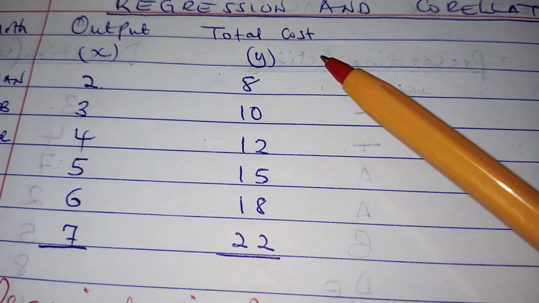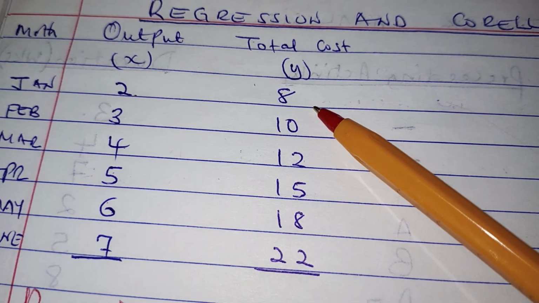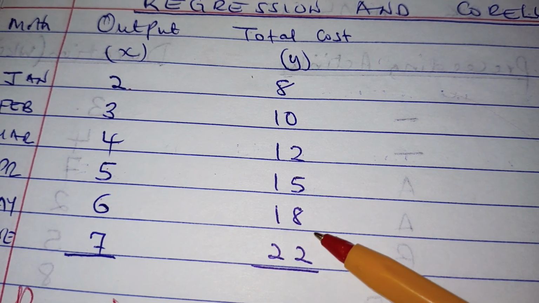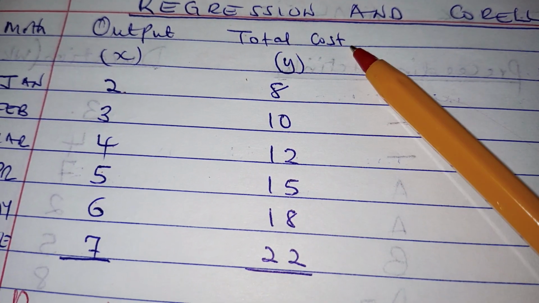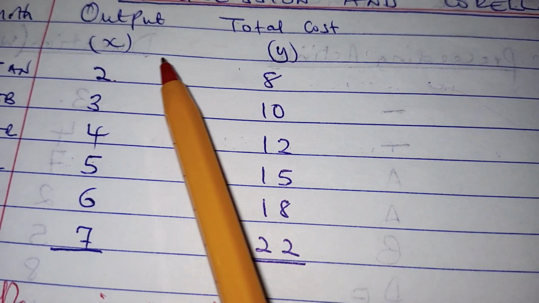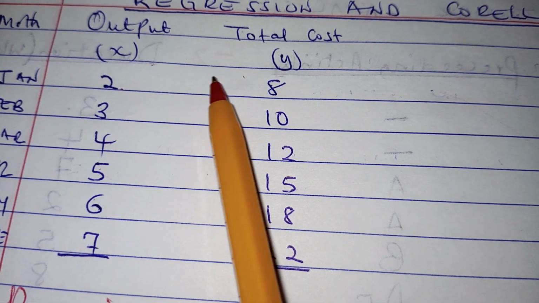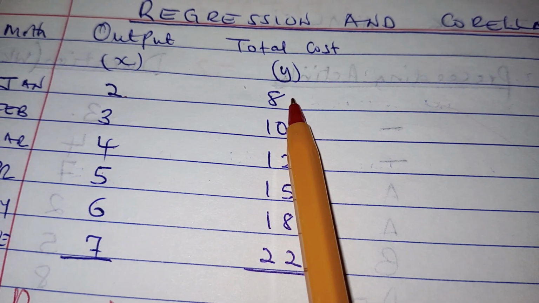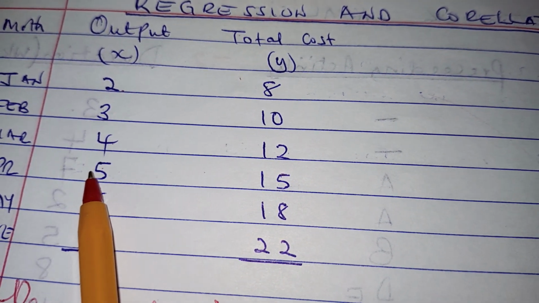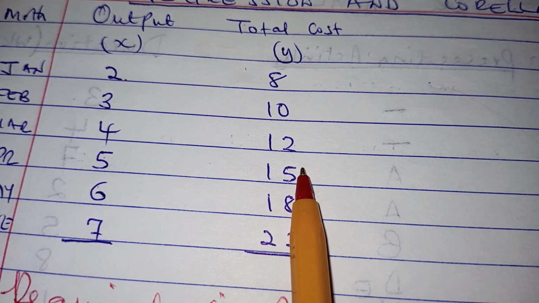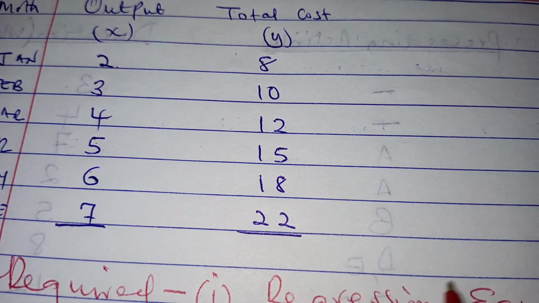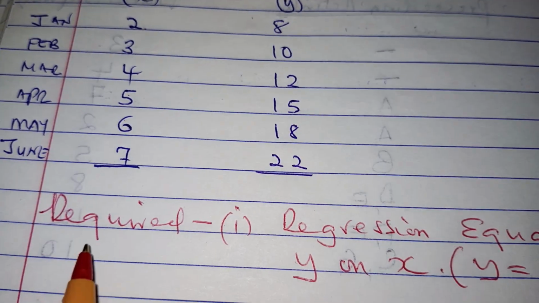And then you're also given the total cost as 8, 10, 12, 15, 18, and 22, in thousands or could be in millions, as the total cost incurred by producing the corresponding outputs. Meaning, if we produce 2 units, then that will be 8 million or 8,000 in total cost. Again, if I produce 5 units, the total cost of production would be 15 million or 15,000, and so on and so forth.